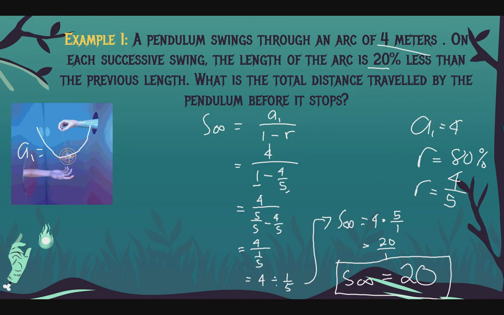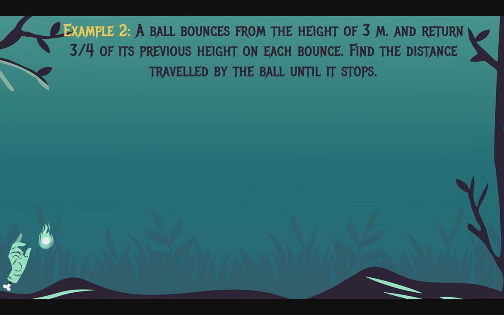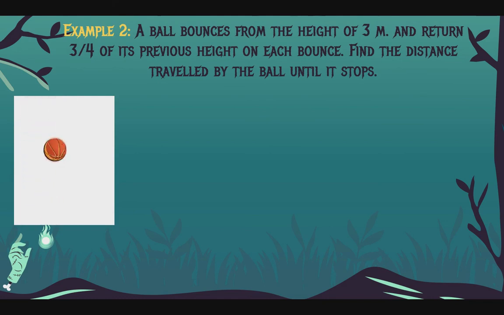Next, punta naman tayo dito. Meron tayong ball. So a ball bounces from the height of 3 meters. So mula 3 meters, dun bumagsak yung ball. Kaso lang, 3/4 na lang yung height niya nung bumalik siya. And sa mga susunod na bounce niya, 3/4 na lang ng 3/4 ng huling bounce yung kanyang height.